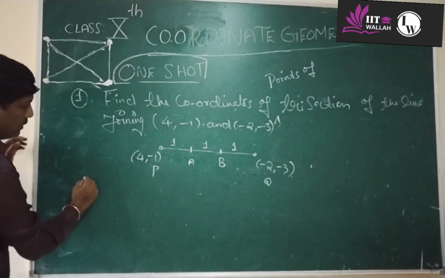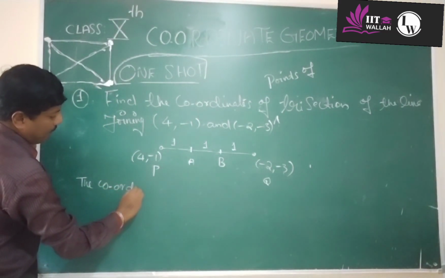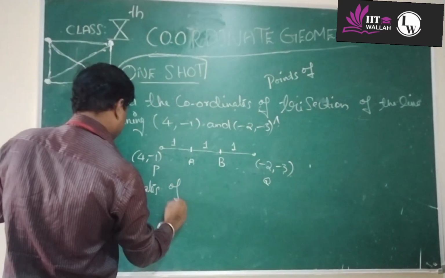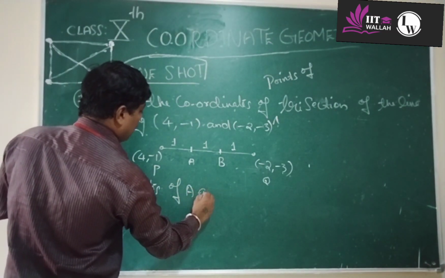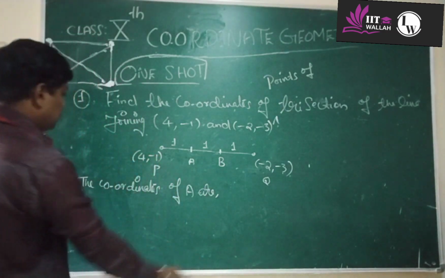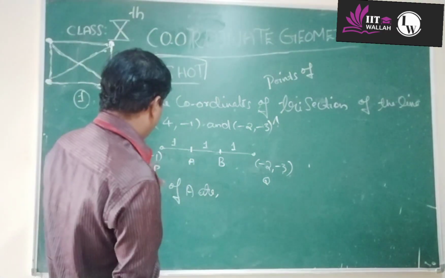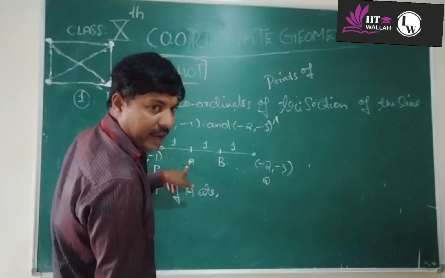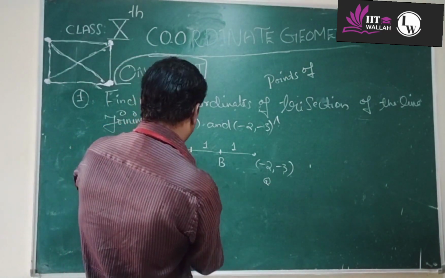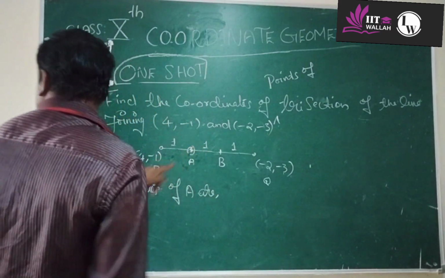So the coordinates of A are, see, this point A divides PQ in the ratio 1:2, 1 plus 1, 2. I am talking about this point.